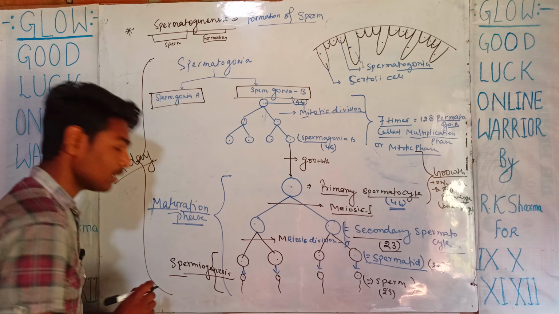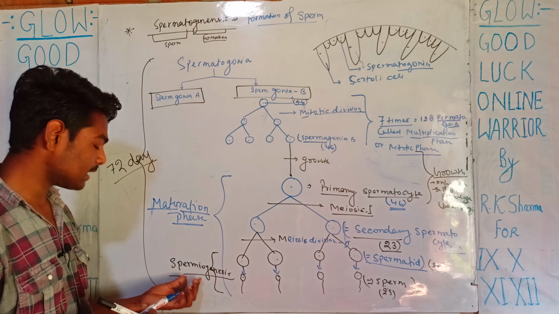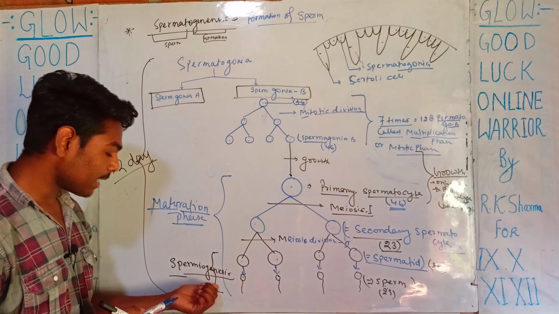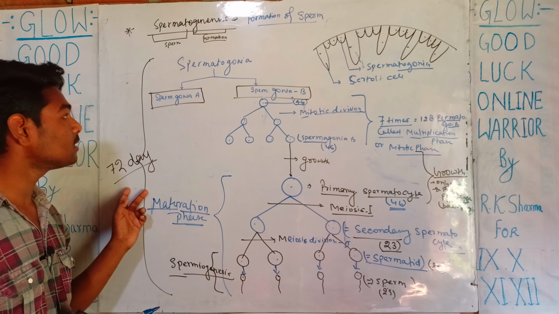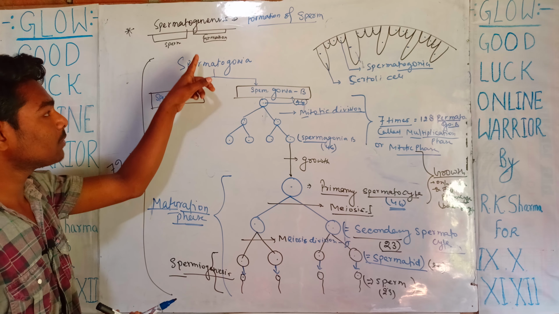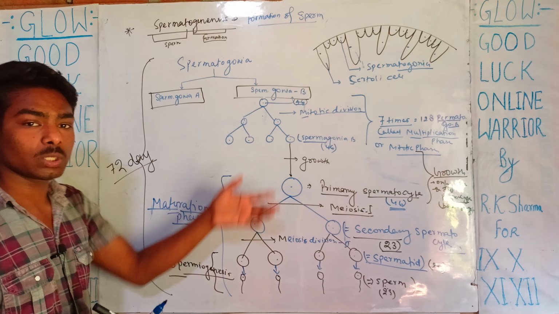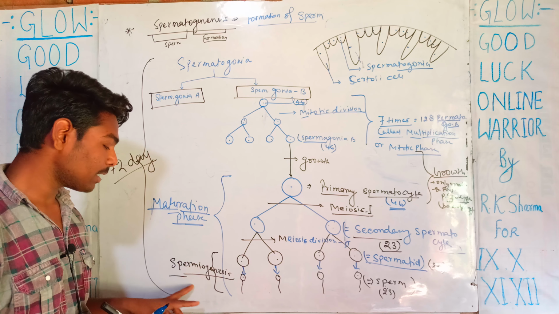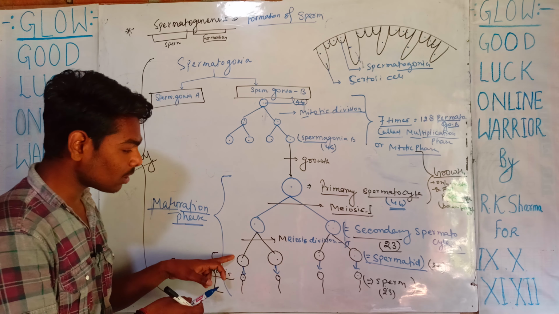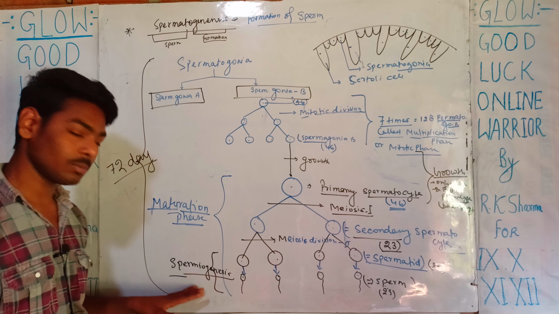In the examination many types of questions will be asked in the subjective section, such as what is spermiogenesis and spermatogenesis. Spermatogenesis is the formation of a sperm from spermatogonia. And spermiogenesis is the conversion of spermatid into a sperm.